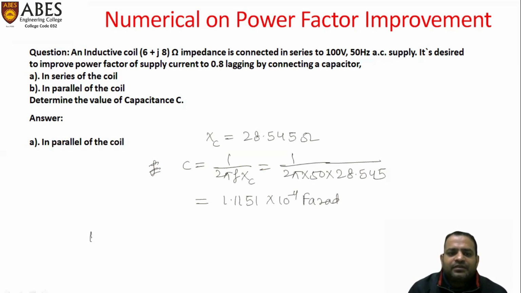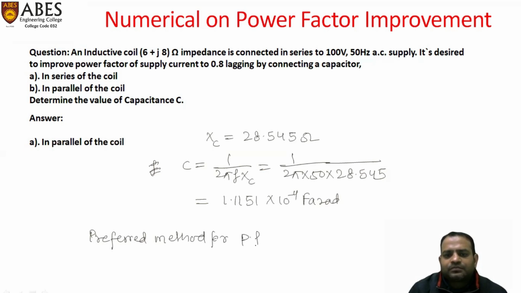So the preferred method for power factor improvement is the parallel one, because less capacitance is required.